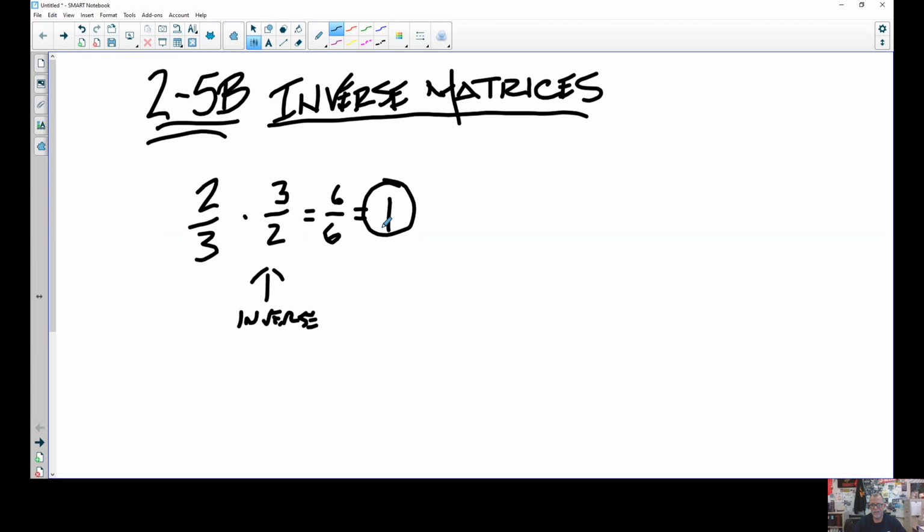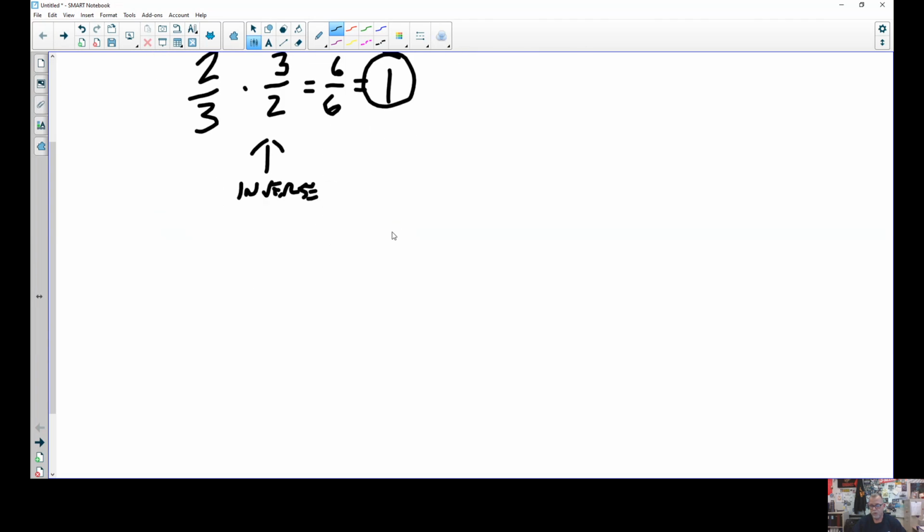For matrices, we have that same thing. Some matrices have inverses, some don't. And we'll get into why and when that is important in a little bit. But first, what is an inverse matrix? Well, say I have matrix A, that is some 3 by 3 matrix, with A11, A12, A13, and so on.